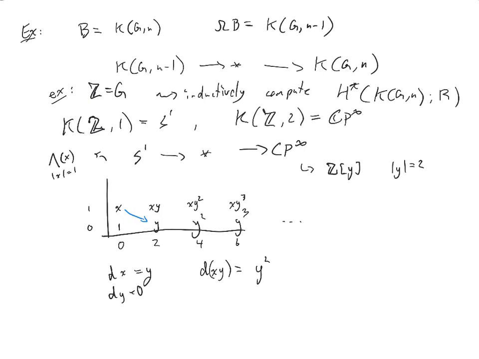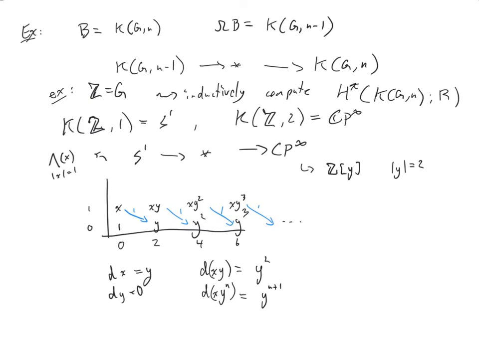So, and so on and so forth. So, in fact, d(x y to the n) is going to be y to the n plus 1. And so you end up with all of these isomorphisms. So I'm just going to write 1 to tell you it's taking you to 1 times the target. And this is what the spectral sequence looks like. And so you can see how things are pairing up to die by the infinity page.